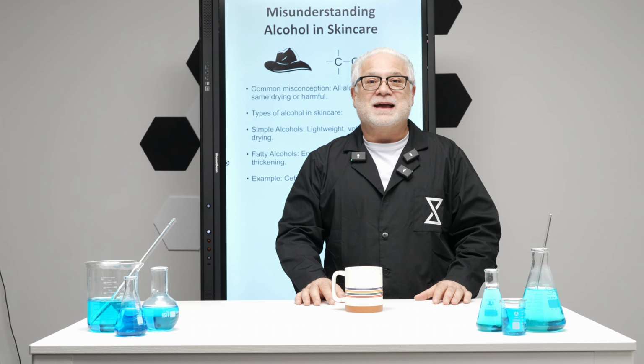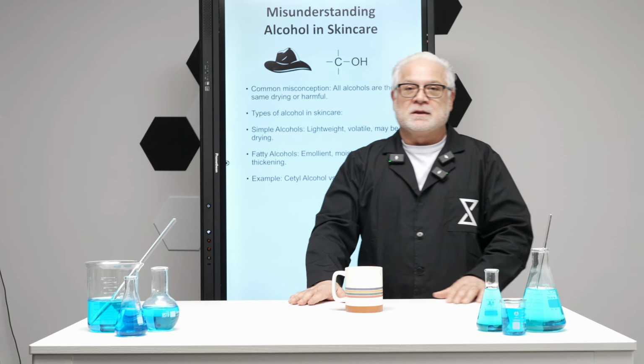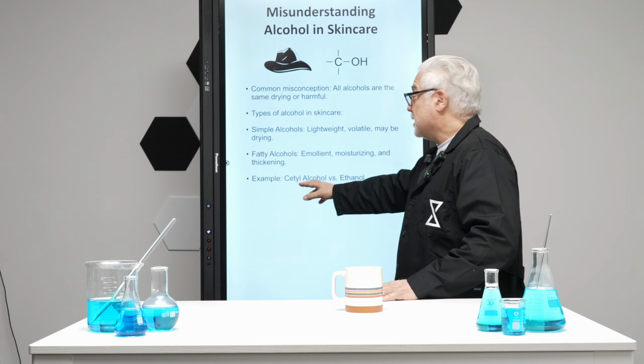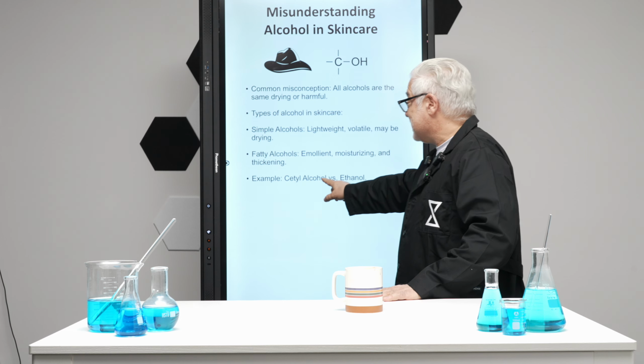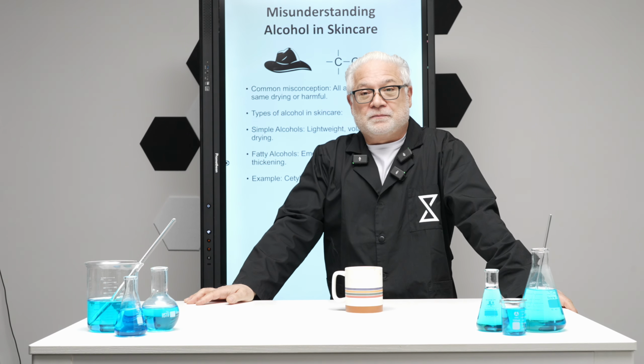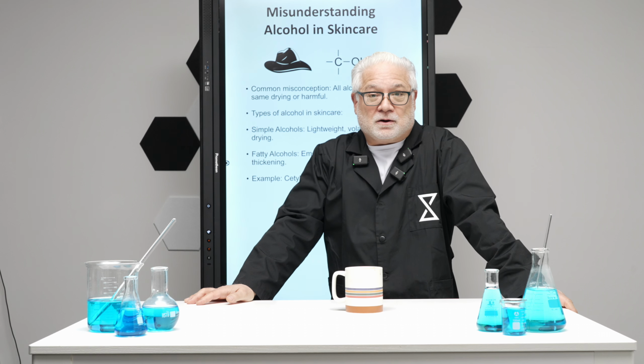Now it will become ethyl alcohol. Or I can put it on a very, very big molecule, like an elephant, which is cetyl alcohol, and then they're both alcohols. One is ethyl alcohol and one is cetyl alcohol.